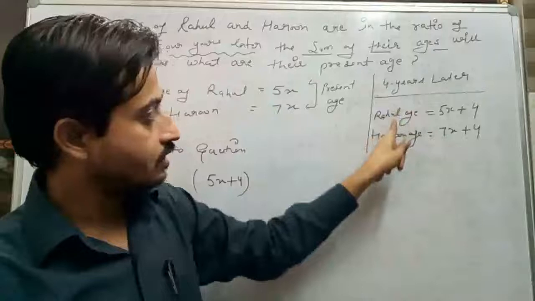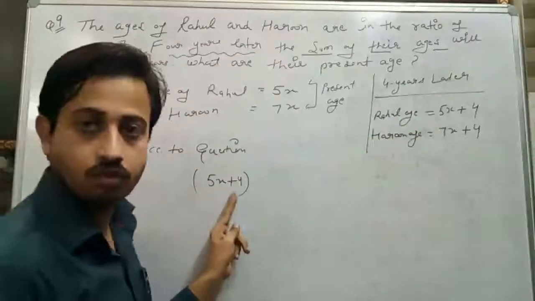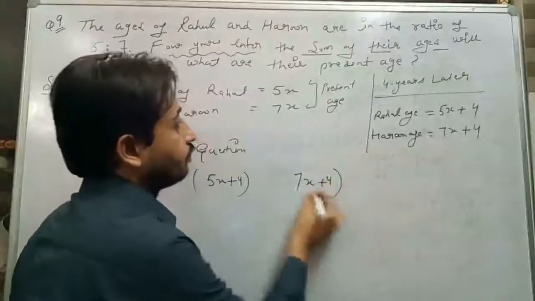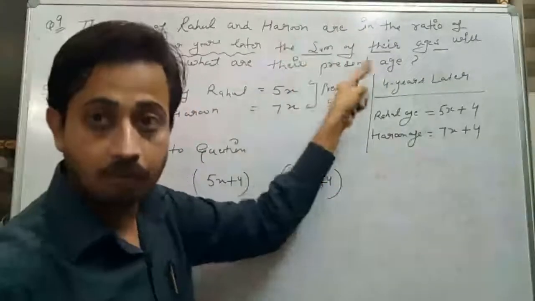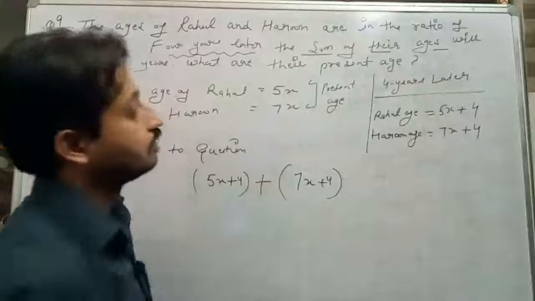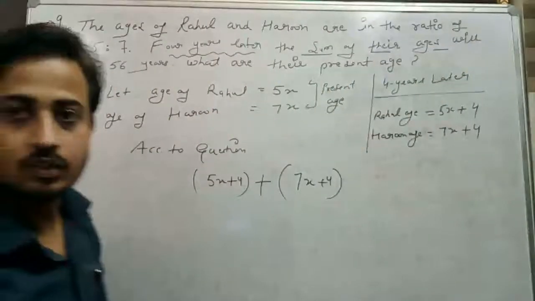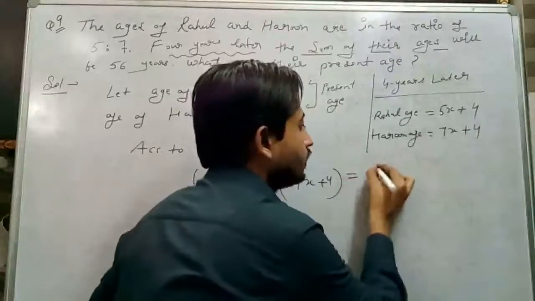So after 4 years Rahul's age is 5x plus 4 and Harun's age is 7x plus 4, and we have to take the sum. It means we have to add, and it gives 56. So this gives us 56.